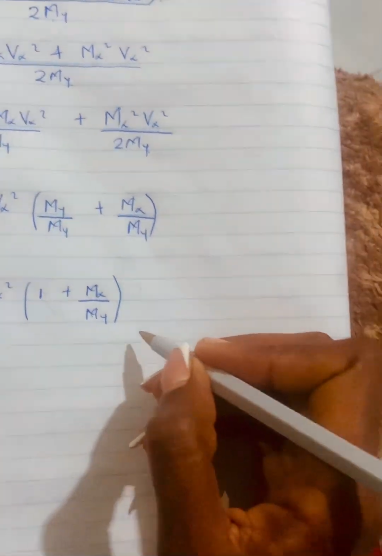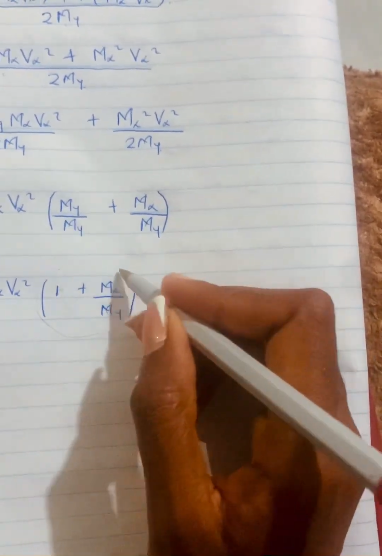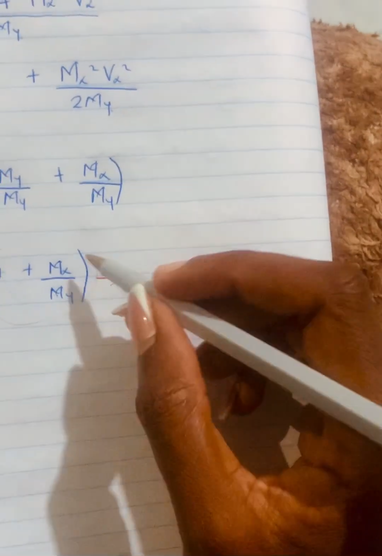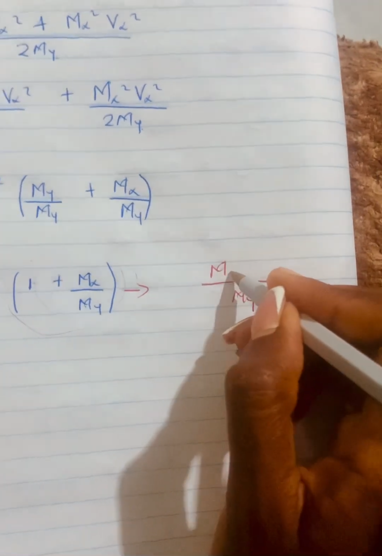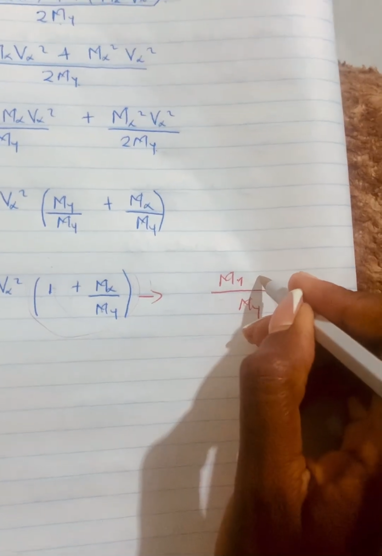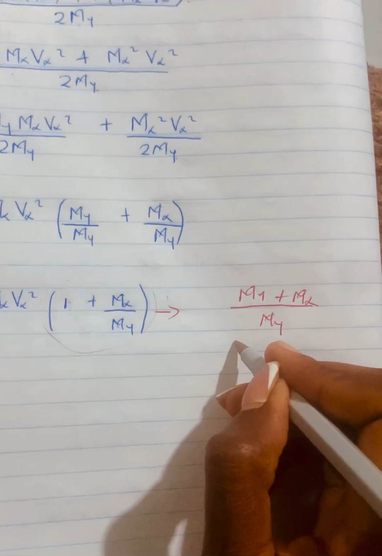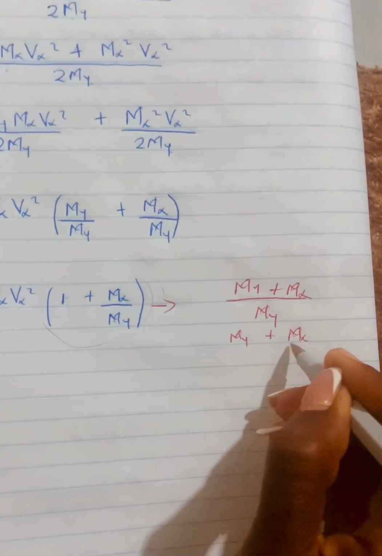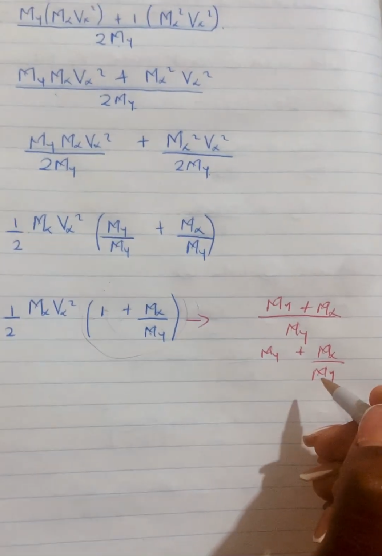Let's just do it on the side. 1 over 1 into m_Y gives me m_Y, and m_Y into m_alpha over m_Y is m_alpha. So this would then give me m_Y plus m_alpha over m_Y.